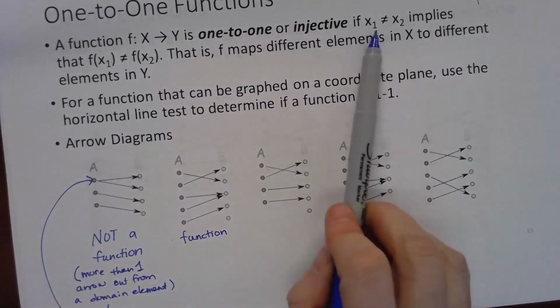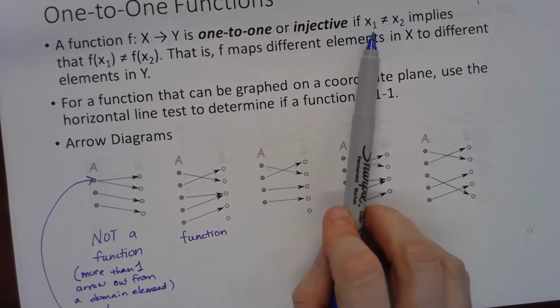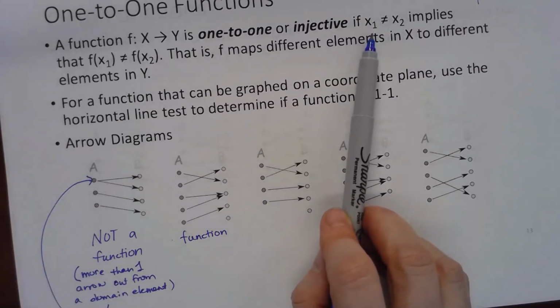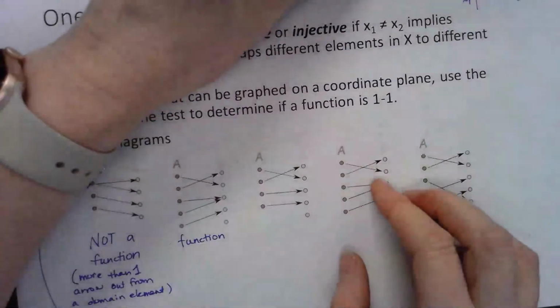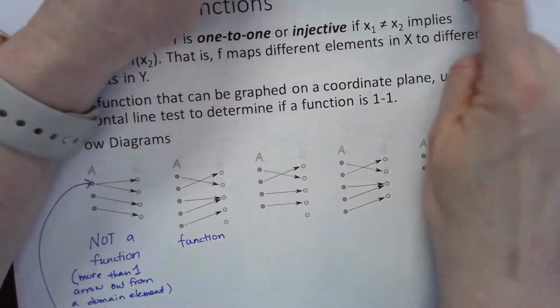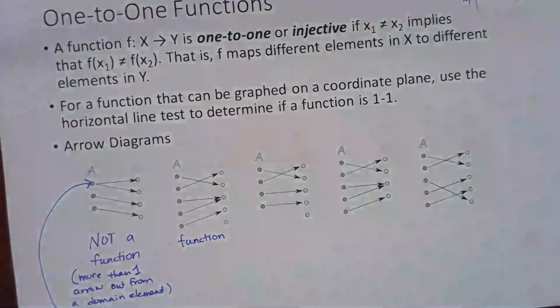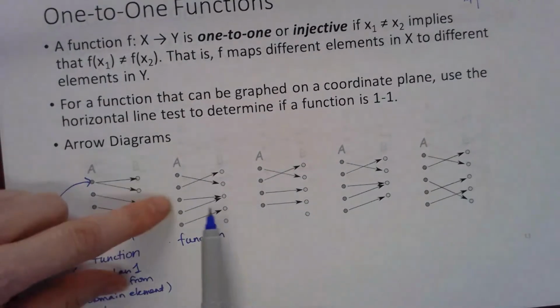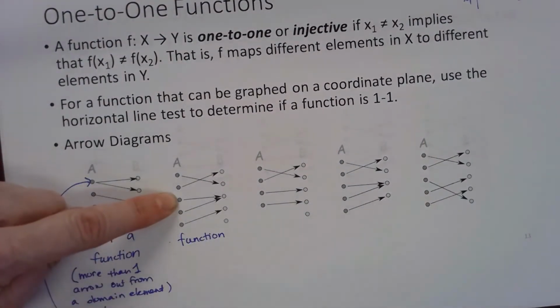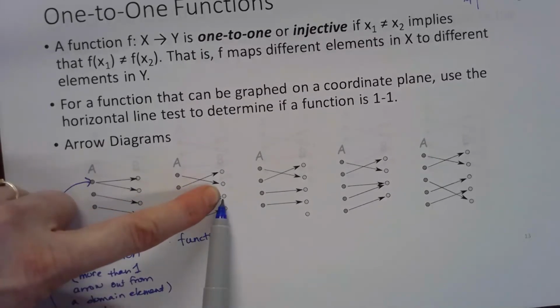So one-to-one says that I never have two different values that map to the same thing, right? So I'm never going to have this situation where I have two different values, but they're giving me the same output. Over here, I have this value from the domain and this value from the domain, and they're both giving me the same output. Okay.